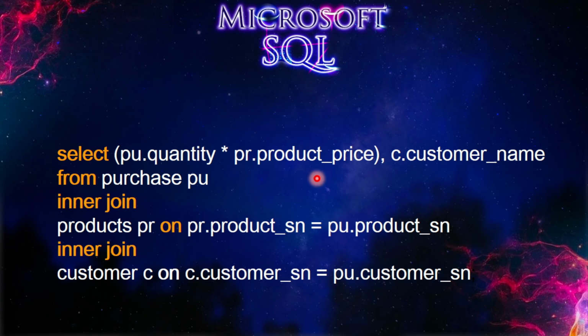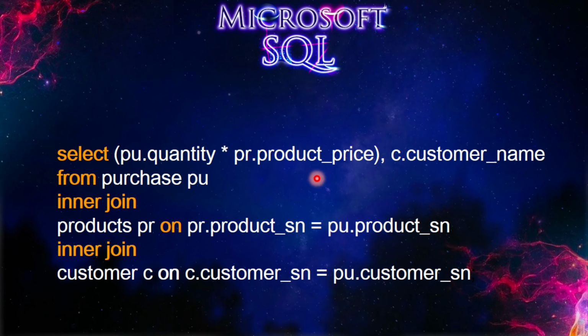We need to do the same thing for products, which would have product SN as the primary key. Alter table products, add constraint, products PK, primary key, and we define the column that would become the primary key, product serial number or SN.